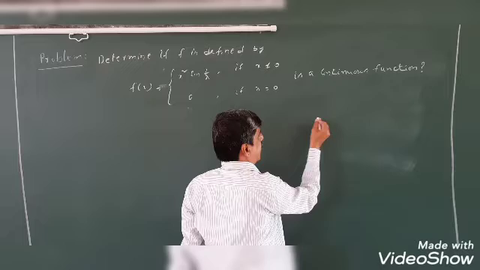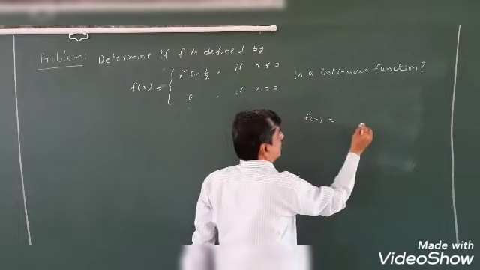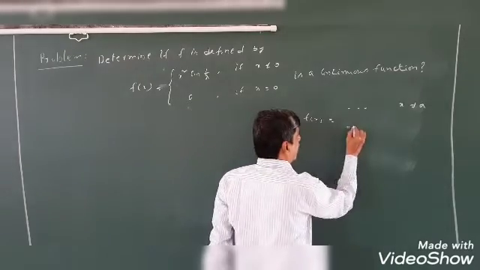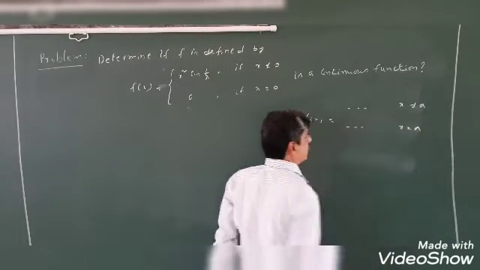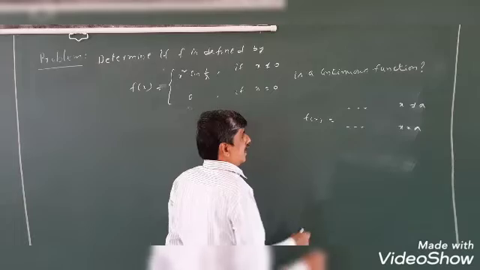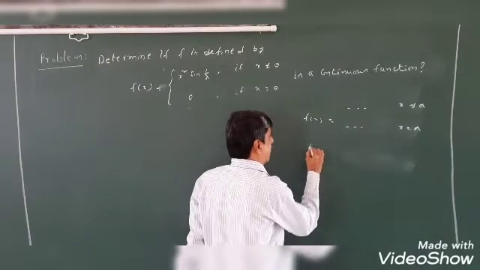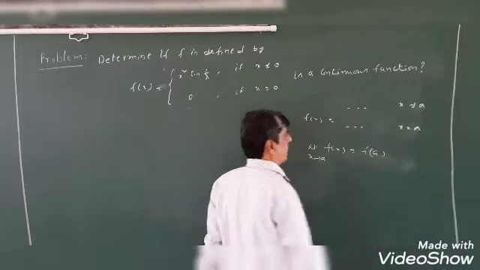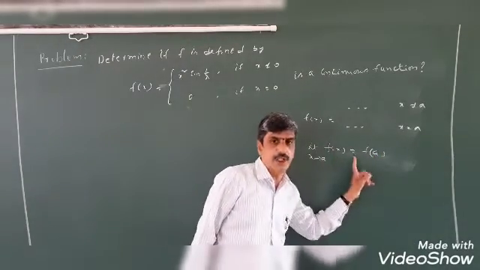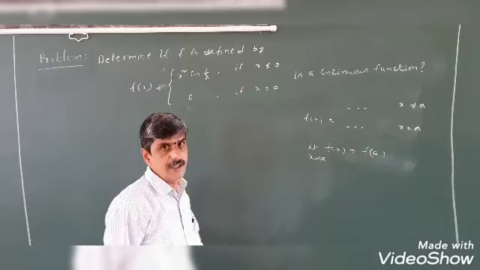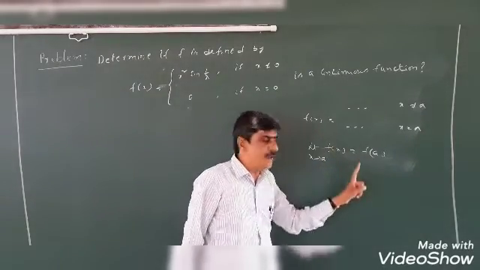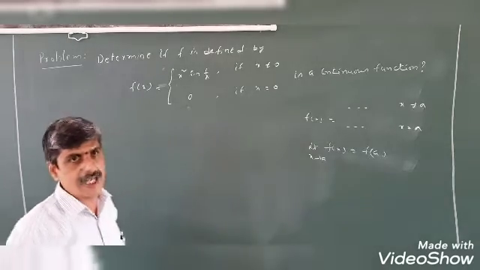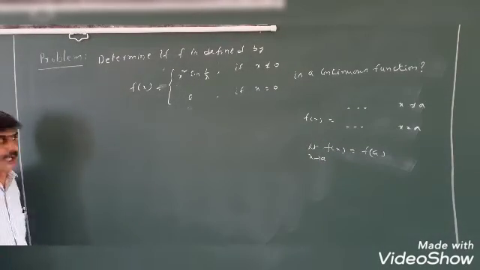So if the function is defined as f of x is equal to something for x not equal to a and f of x is equal to something for x is equal to a, then is the function continuous or not? If limit x tends to a f of x is equal to f of a, then the function is continuous at x is equal to a. If limit x tends to a f of x is not equal to f of a, then the function is not continuous at x is equal to a.